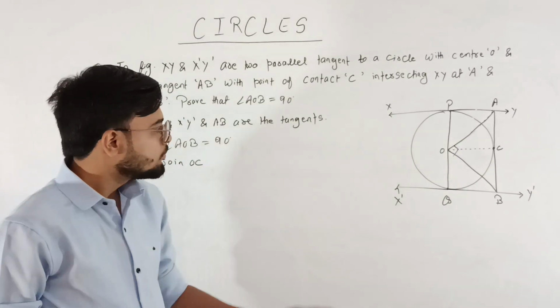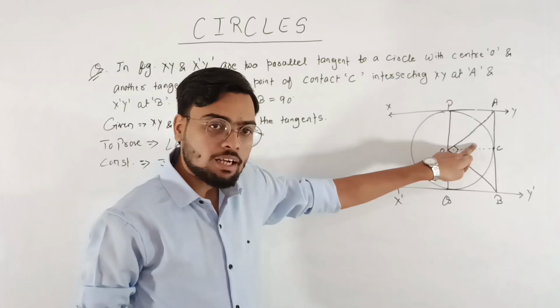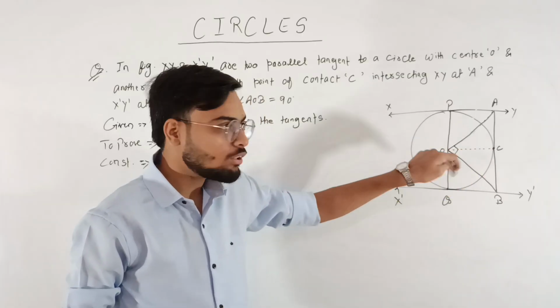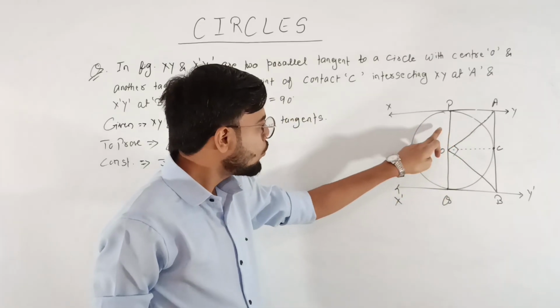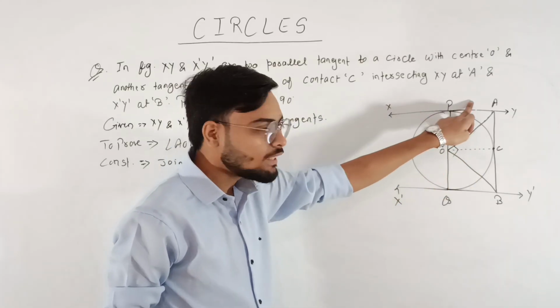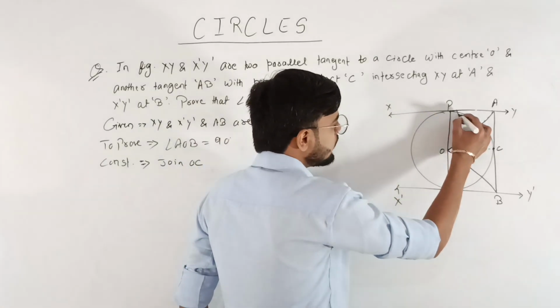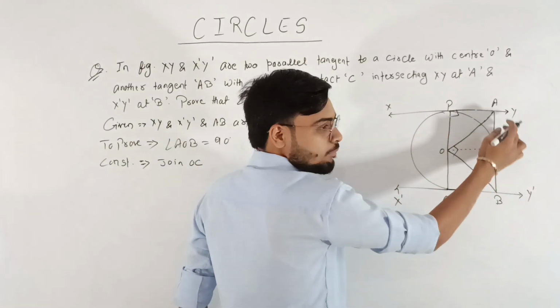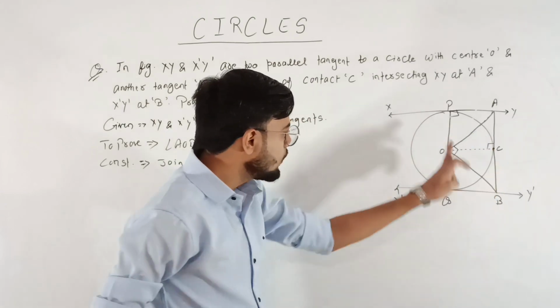Now look, we have one triangle, two triangle, three triangle, four triangle. Now these two triangles are congruent and these two triangles are congruent. Look how. In these two triangles, OP is the radius and XY is the tangent, so radius is perpendicular to the tangent. Then this angle is 90 degrees. And in this case, AB is tangent and OC is radius, so this angle is 90 degrees.